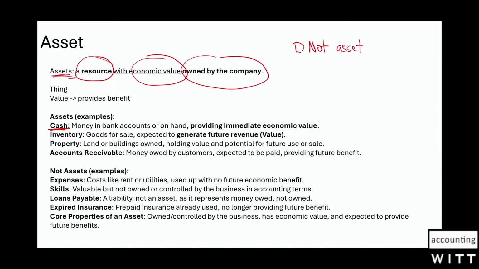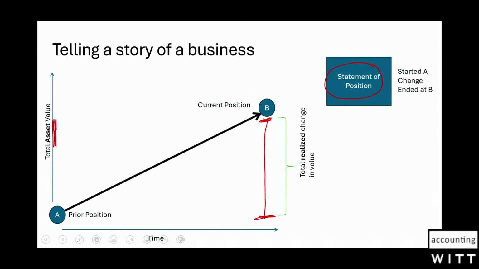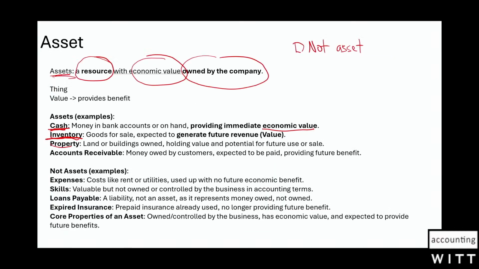If you have cash in your bank account, that can provide immediate economic value. I mean, it has value to you because you can do things with it. Inventory, another classic example, because it has value to you. Property, another example of an asset.